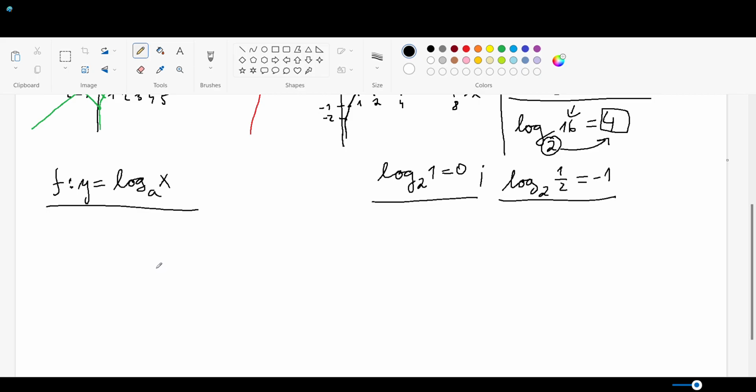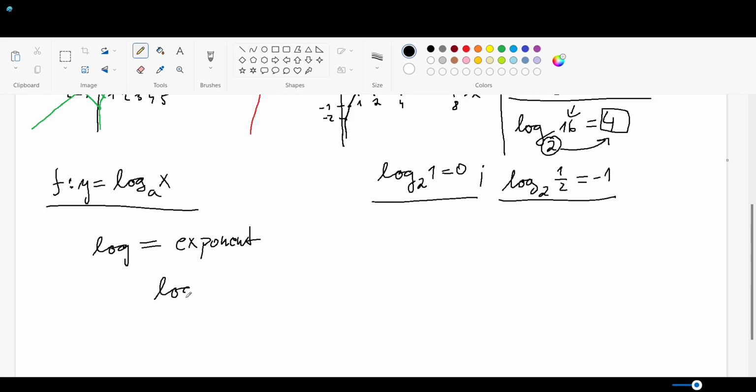The next way to understand the logarithm could be that a log is always equal to an exponent. How is it so?